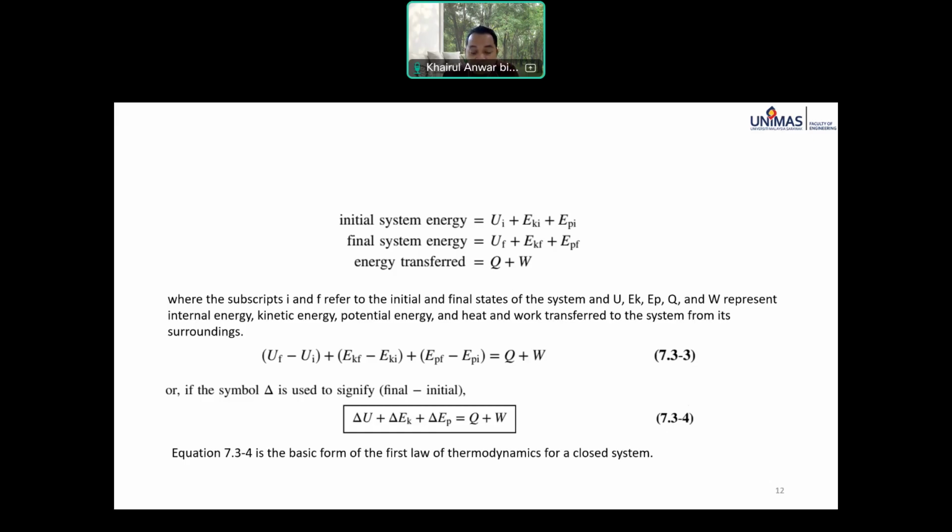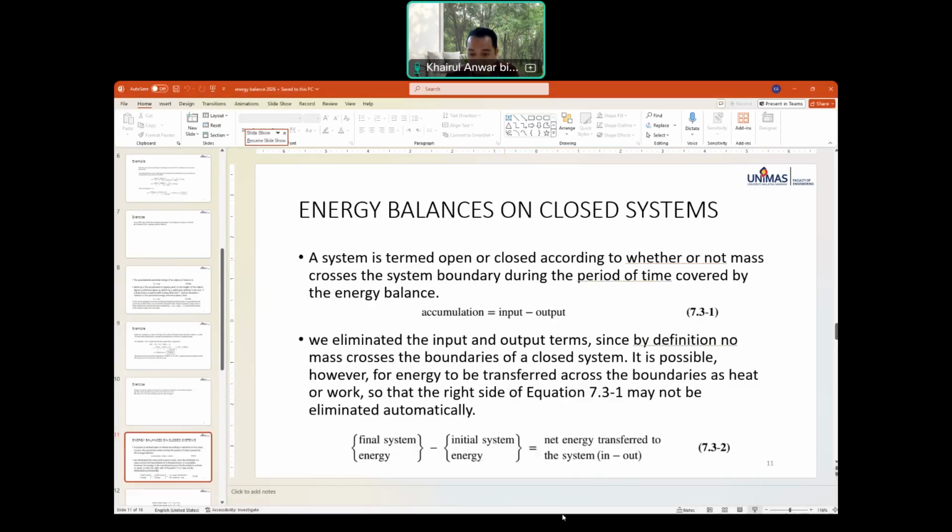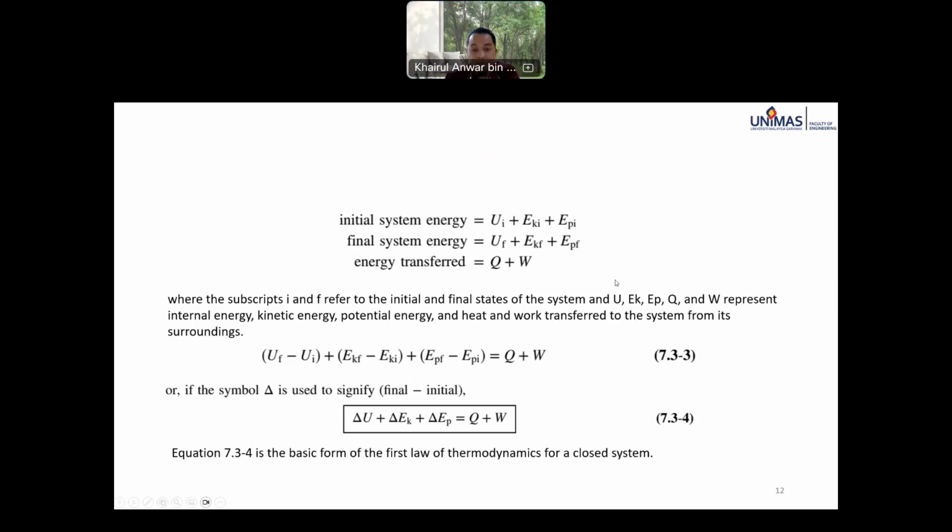So I is the initial, F is final. EK and EP refer to kinetic and potential energy. The energy transfer is in terms of heat and work. So Q refers to heat, W is work. So combine this equation, we get 7.3-3.